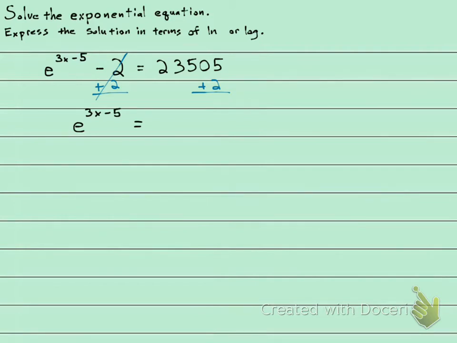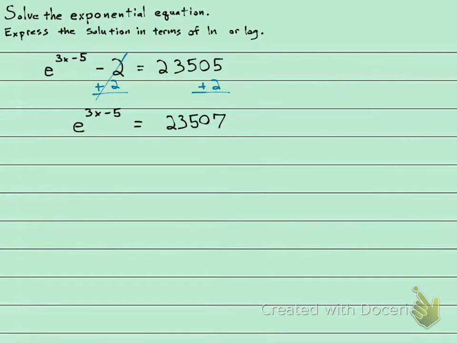And on the right-hand side, these two things are like terms, so we can just add them. 23505 plus 2 is going to be 23507.